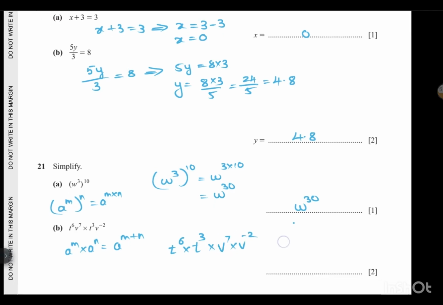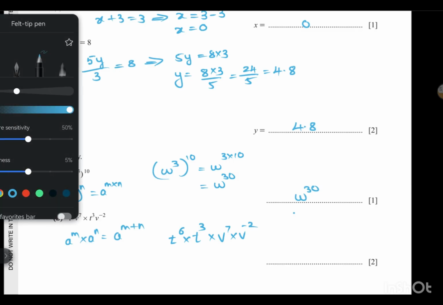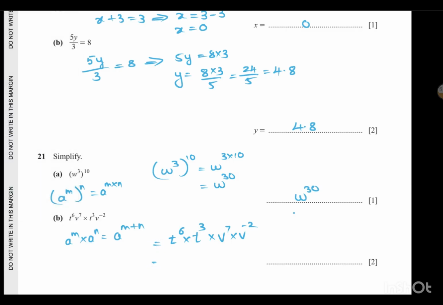Using the same bases, exponents are added rule, you get t raised to 6 plus 3 into v raised to 7 plus minus 2. So t raised to 9, and v raised to 7 minus 2, that is 5. v raised to 5. So t raised to 9, v raised to 5 is the answer.